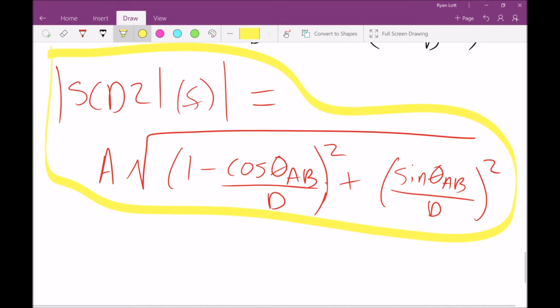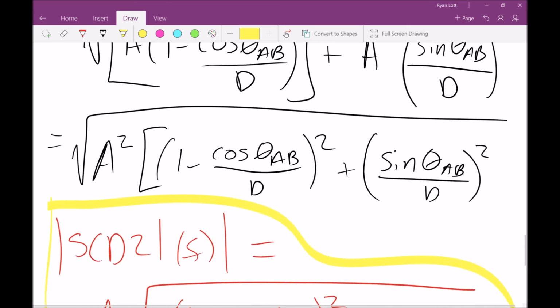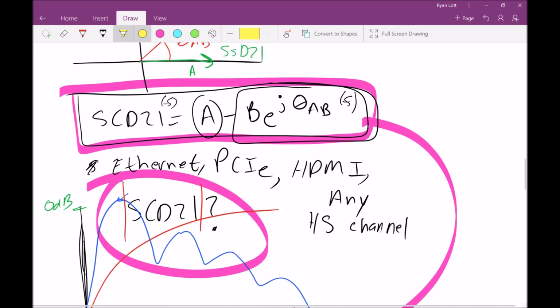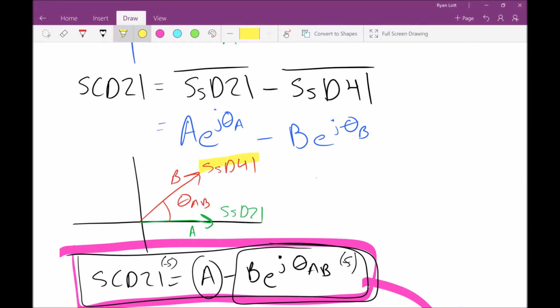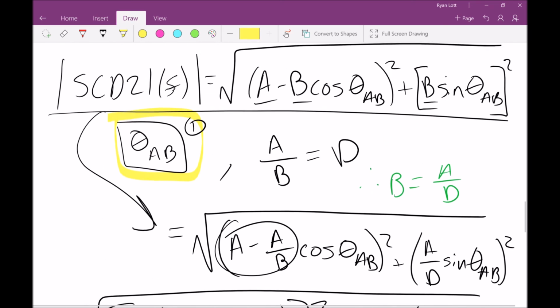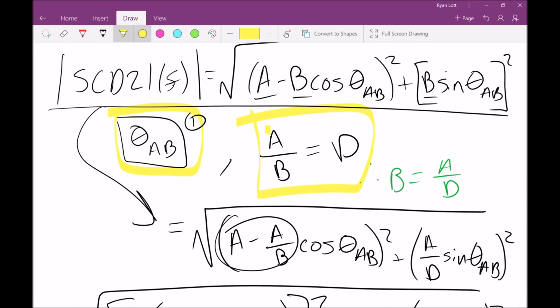Now you'll notice something very interesting here. We brought up the fact that our SCD21 magnitude is definitely a function of the phase variation between A and B, being the SSD41 and SSD21, and also their magnitude differences.